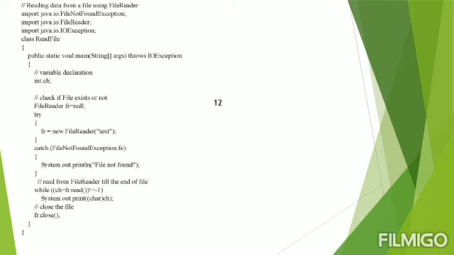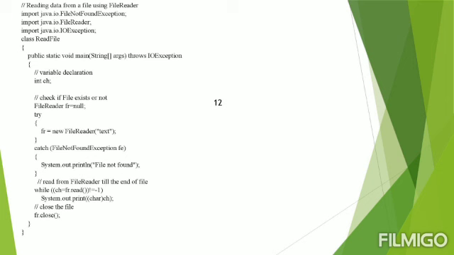By using the class FileReader, I have declared a variable called fr, and a variable called ch. This will check whether the file exists or not. If there is a text file, it will be opened and the file will be read. Otherwise, the IOException will be thrown saying that the file has not been found.